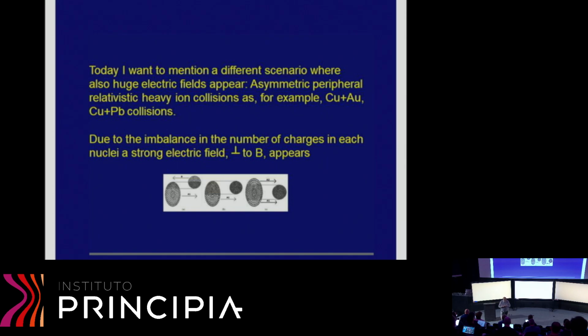Therefore, due to the imbalance of the charge, a strong electric field appears, precisely because you have much fewer protons here than here. The interesting thing is that this electric field is a kind of dipole electric field, perpendicular to the magnetic field that points perpendicular to the collision plane. The electric field is along the collision plane.